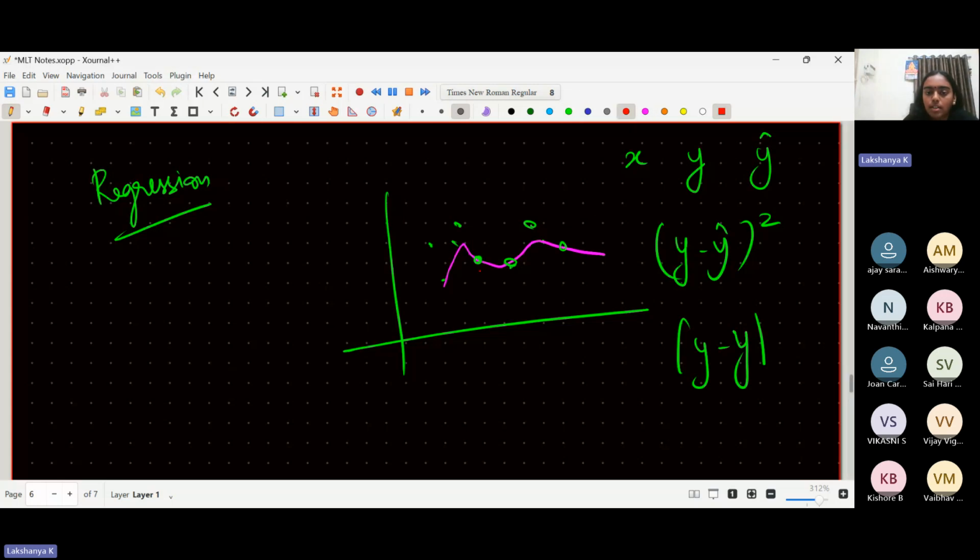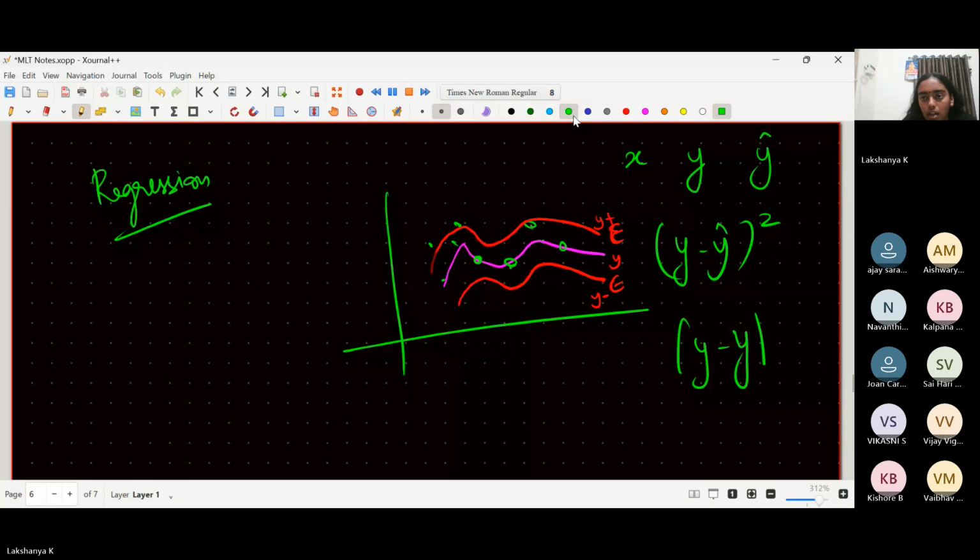I have a bunch of points. I'm going to try and fit a line, but I am defining a tube of width epsilon around that line. So if this is Y, this is going to be Y plus epsilon. This is going to be Y minus epsilon. So what I'm telling my model is, you are free to predict a value which is anywhere within this range.